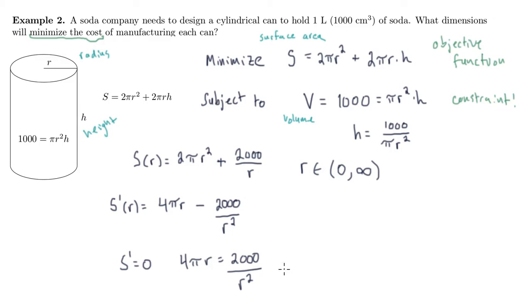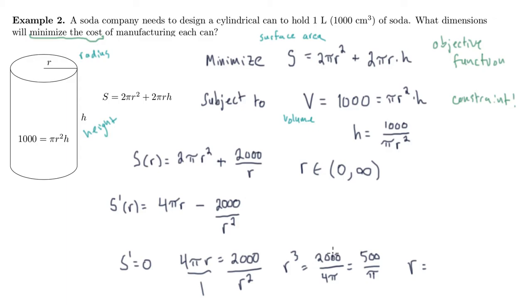In other words, if we cross multiply and divide, r cubed should be 2,000 over 4 pi. And of course, 2,000 over 4 is just 500, so 500 over pi. And then when we take the cube root, we're going to get only one value.